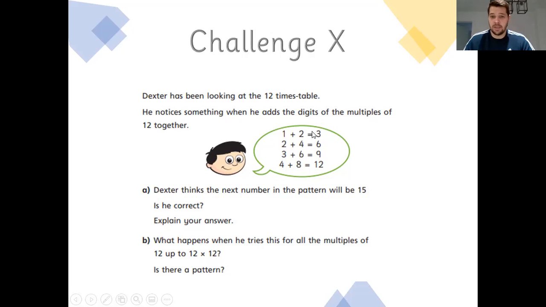He's adding those up, and then he's got 3, 6, 9, 12. Dexter thinks the next number in the pattern will be 15. Is he correct? Explain your answer. And finally, what happens when he tries this for all of the multiples of 12 up to 12 times 12? Is there still a pattern?